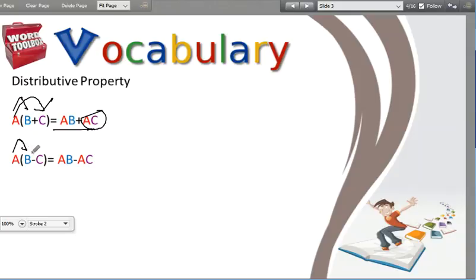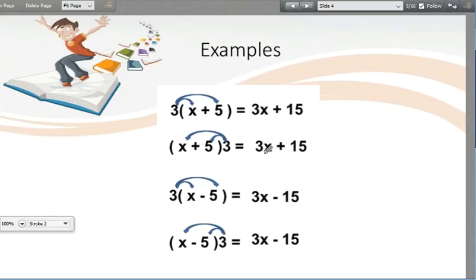So A times B gives us our AB, and A times C gives us our AC. And notice in this case, there is a subtraction sign in between them because there was a subtraction sign in between the terms here in our parenthesis. So let's go ahead and look at a few examples of this.